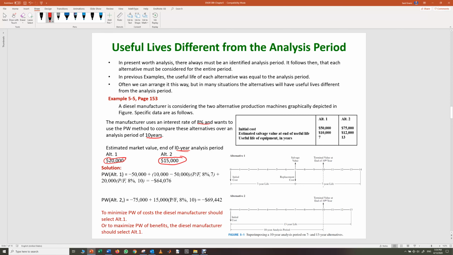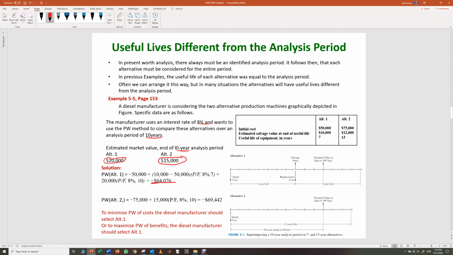Okay, plus 20,000, which is the estimated value at 10 years, 20,000, P given F, 8%, 10 years. So we get the present worth of the first alternative is minus $64.76.